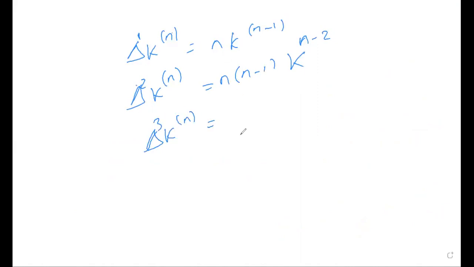We are finding the pattern, how it goes. So next, n into n minus 1. We have to go 1 less than this, n minus 2, up to k of this minus this, no, n minus 3. So if you go up to, let's say, the n minus 1 term, before n, let's find out the n minus 1 term.